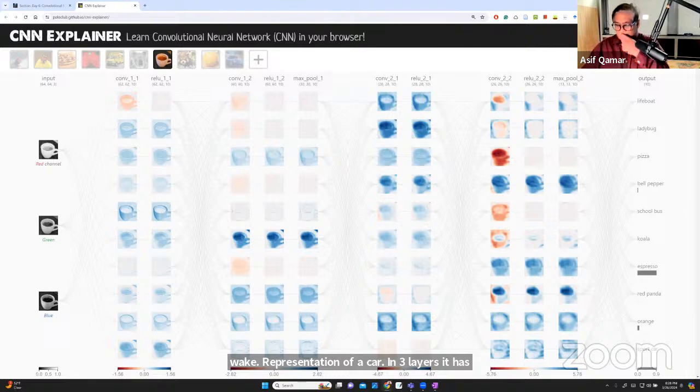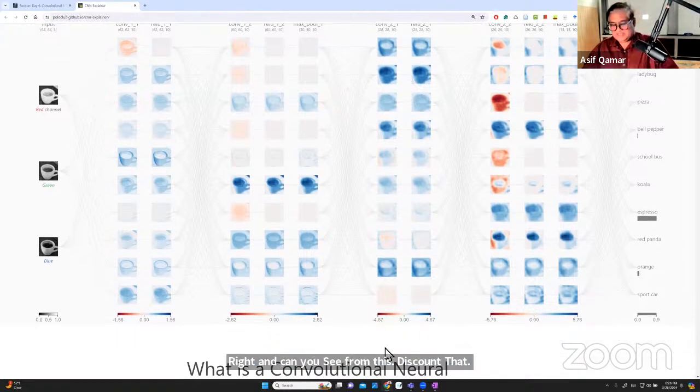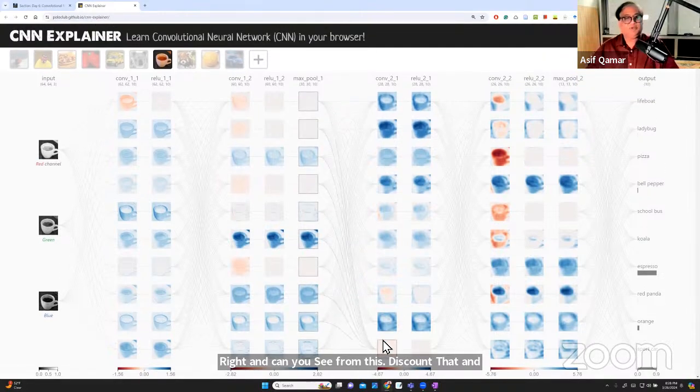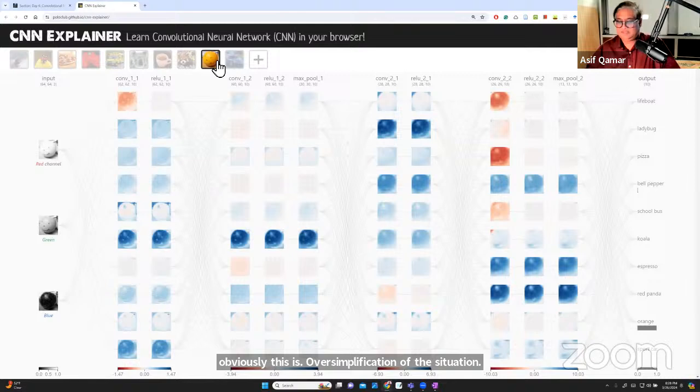And obviously this is an oversimplification of the situation. Maybe I'll try it with something else. Let me see what it does. Yeah, notice that with this ball, all the local features are lost.